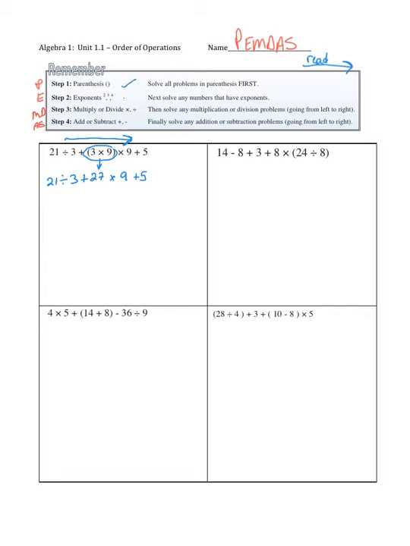Did parentheses, did exponents. Multiply or divide. So we're going to go in order. The first thing I see is a division, 21 divided by 3. Well, that is 7. And then keep on going, and I have 27 times 9.